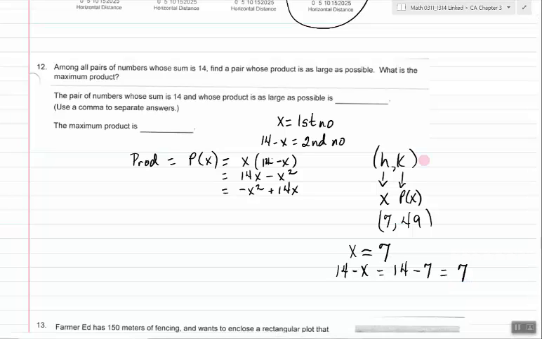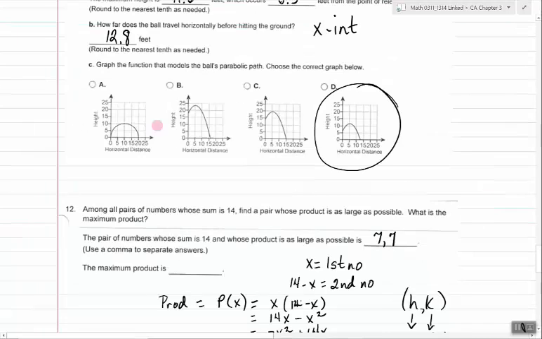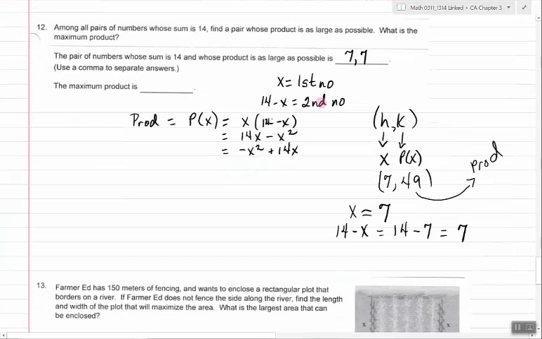The largest product, this is the product, 49. So I'm supposed to just put 7 and 7, and the maximum product is 49. All right, I know that's perhaps a little unusual.